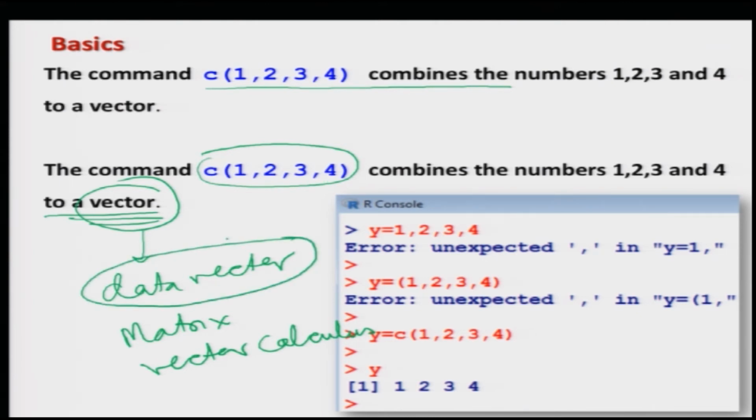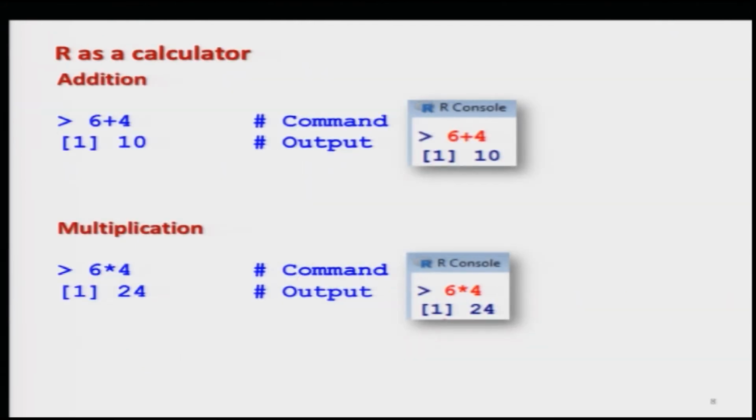The operations of matrix theory will not be operated on such a vector, and if you want a vector like the one in matrix theory, then there is a different command, matrix, which we will discuss later. I have already shown you this outcome: if you give 1 2 3 4, or even inside the parenthesis 1 2 3 4, it will give you an error. It will not work unless you write y equal to c(1,2,3,4) with the c command. That is the idea of this slide.